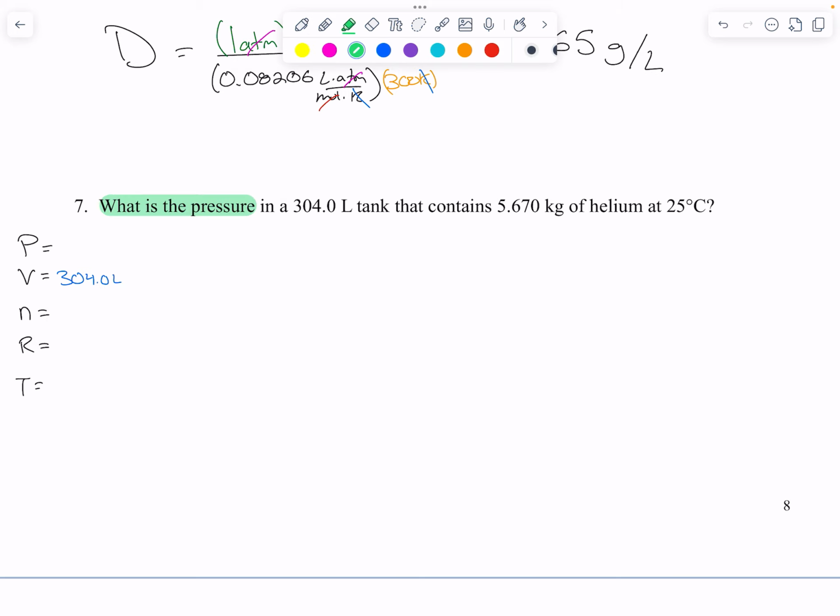We're looking for the pressure. I have 5.670 kilograms. That's not what I want. R is, of course, always 0.08206 liters·atmospheres per mole·Kelvin. And temperature 25, which is 298.